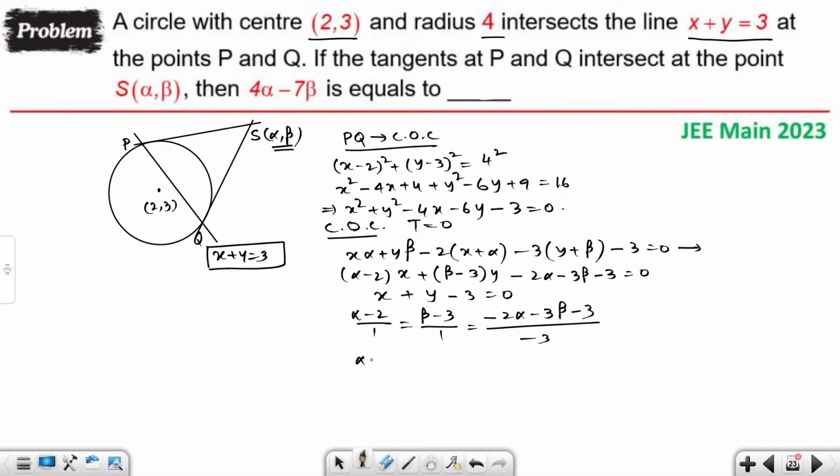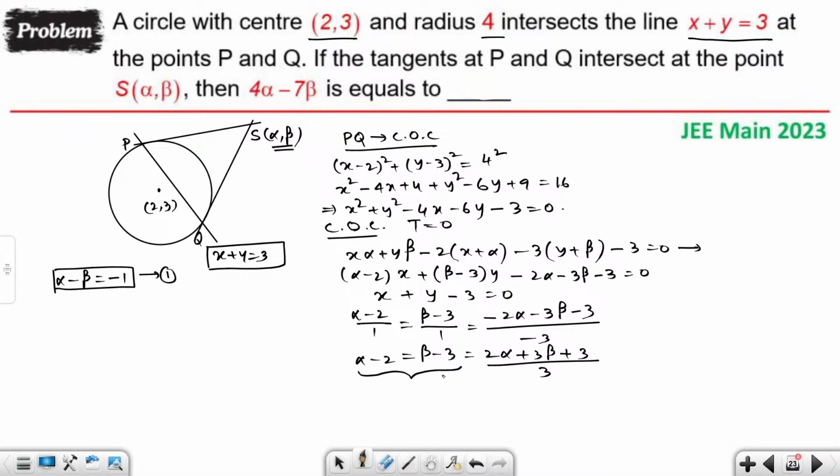So actually we are having alpha minus 2 is beta minus 3 is 2 alpha plus 3 beta plus 3 divided by 3. That's it. So let me just take these two equations. We are getting alpha minus beta is minus 1. This is one equation we got.